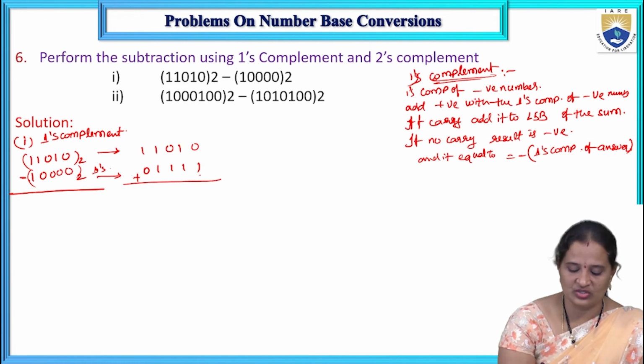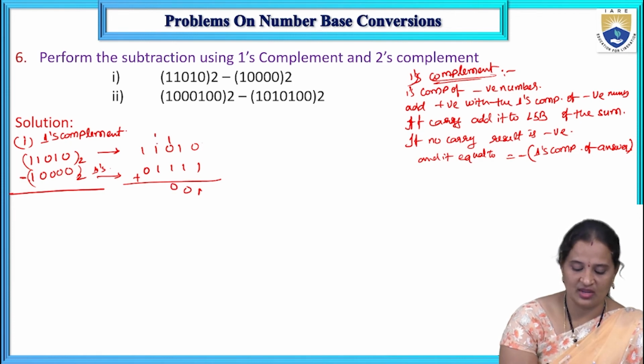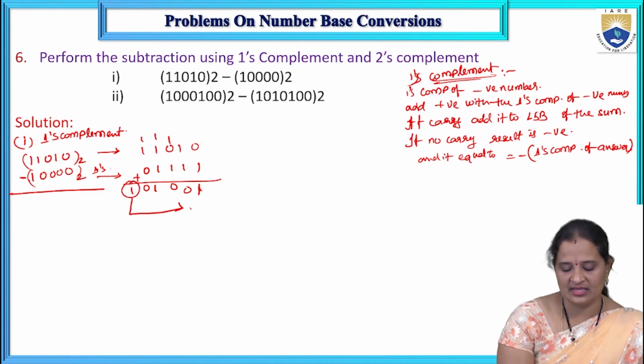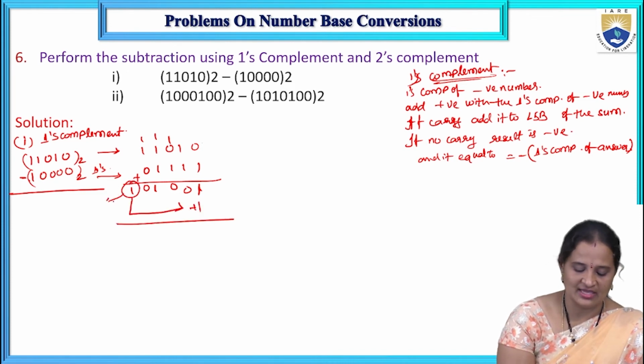So now add these two. 1 plus 0, 1, 1 plus 1, 0 with a carry 1, 1 plus 1 again, 0 with a carry 1, 1 plus 1, that is 0 with a carry 1, and then 0 with a carry 1. So now we have a carry here. This carry is added to the LSB, and this carry is called the end around carry.